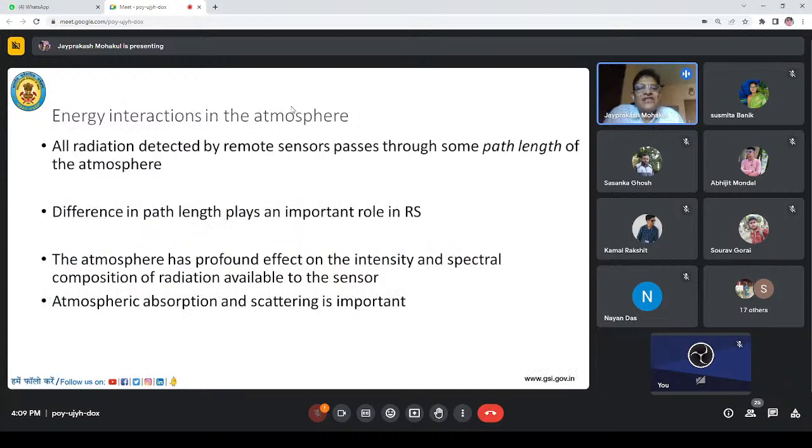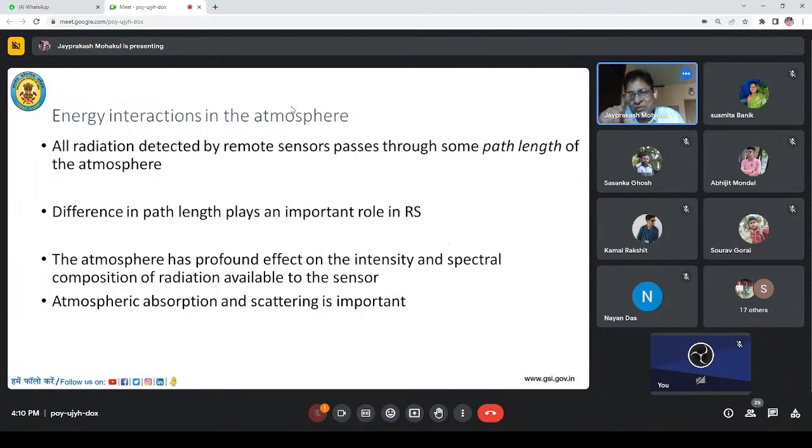Now all radiation detected by a remote sensor passes through some path length of the atmosphere, right? When a sensor detects energy, some of it has traveled to the surface of the earth and reached the sensor. In addition, some of the energy has not reached the surface of the earth.